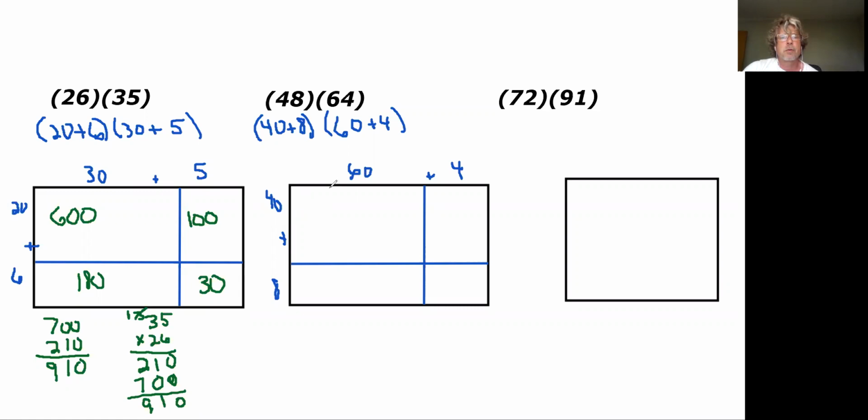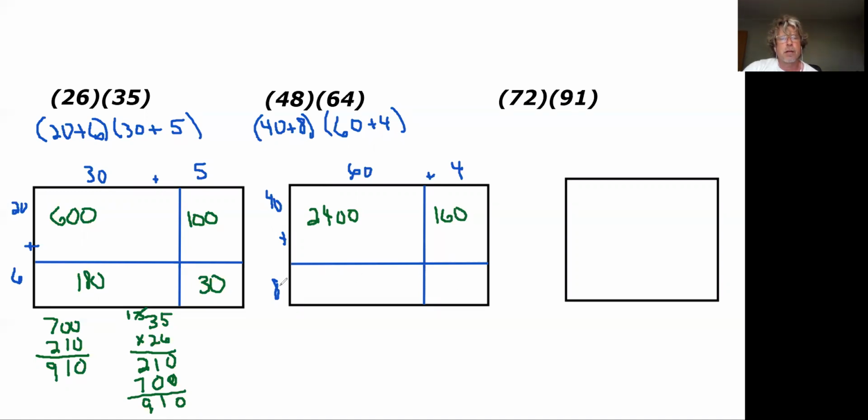40 times 60, remember all we got to do is focus on the 4 times the 6, which is that 24. And then those 2 trailing zeros come in to make it 2400. 40 times 4, all we really do is 4 times 4, which is 16, and stick on that trailing 0. So that's going to be 160. And then we have to bring this 8 through to find the area of these.